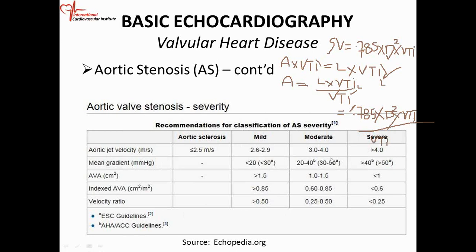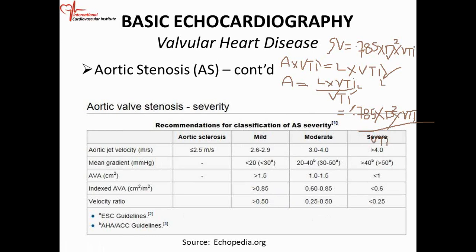Anything that falls in between these two extremes is moderate. Okay? So once you know mild and severe, then you can figure out what's moderate. So we have a category we call aortic sclerosis. This is when the aortic valve is thickened and calcified.